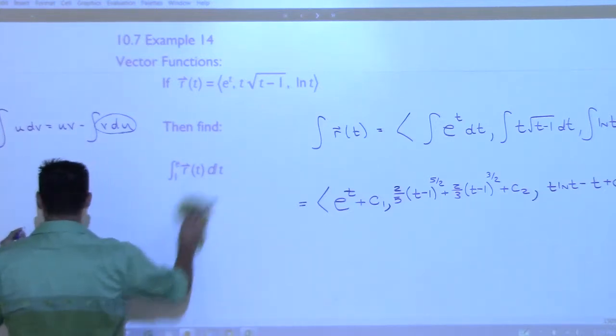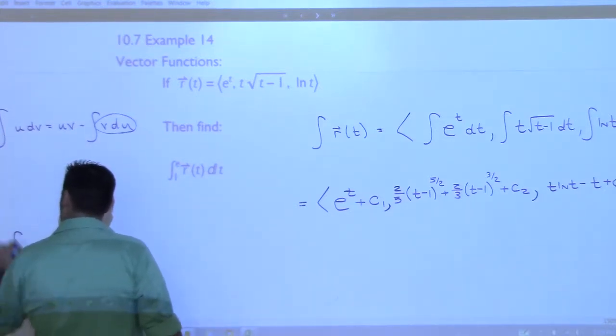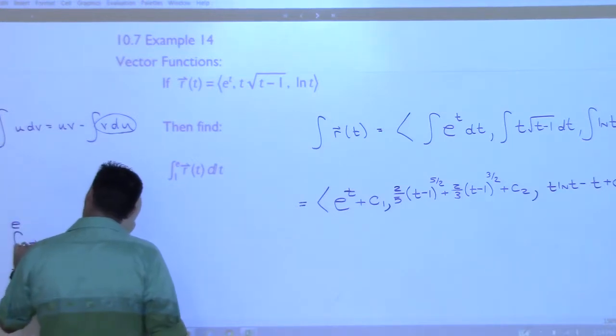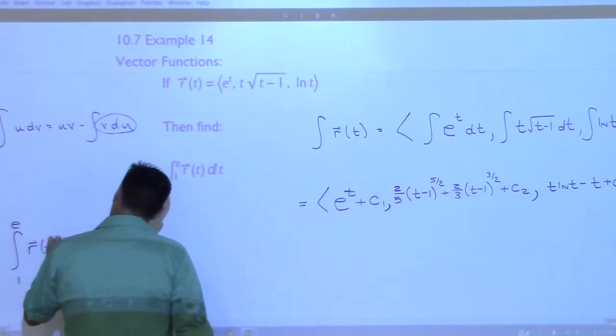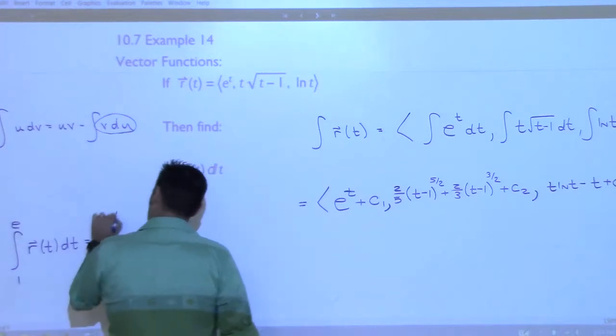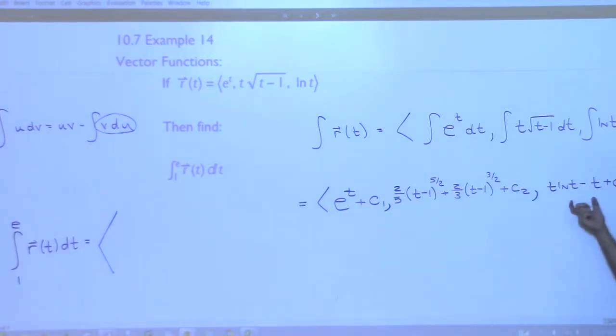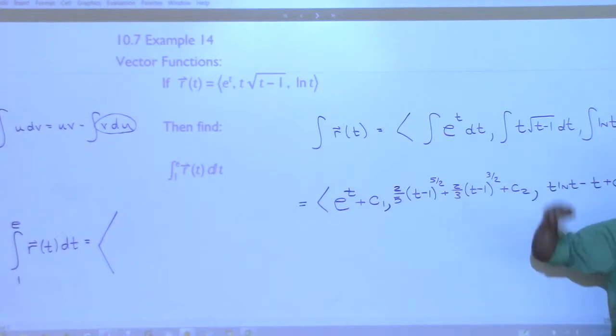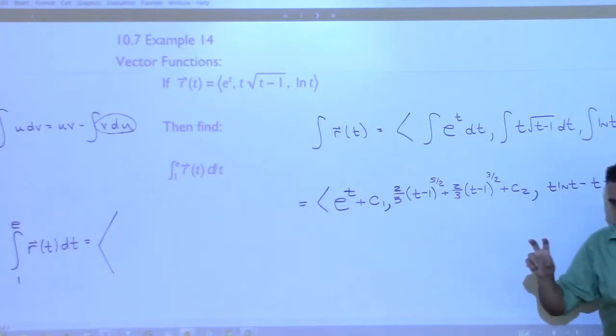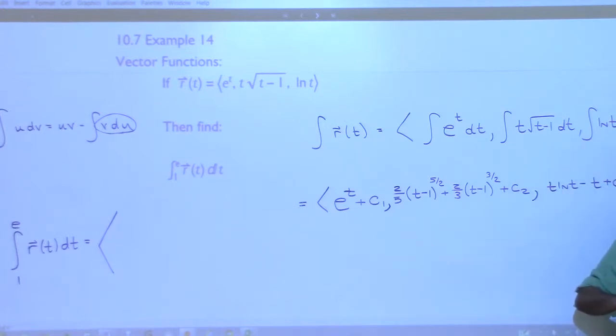If we're going to do the integral from 1 to e of r of t dt, then that's going to be each of these component functions evaluated at the two different limits of integration and subtracted. So this is like your capital F of b minus capital F of a, right?